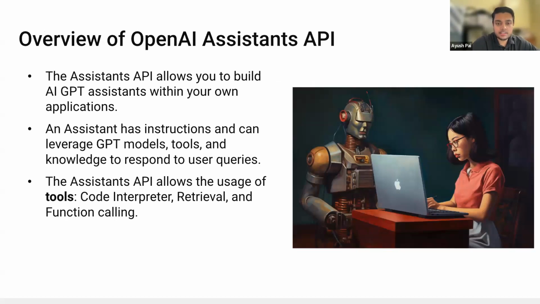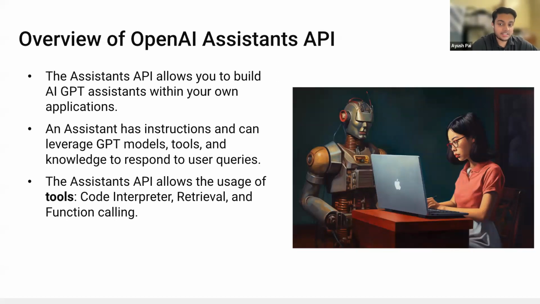This API was released around a week or two ago, at the OpenAI Dev Day. Essentially, this powerful interface is the foundation upon which we can build bespoke AI assistants designed to seamlessly integrate within your own applications. The Assistants API is more than just a tool. It's a gateway that connects to the vast capabilities of the GPT models.